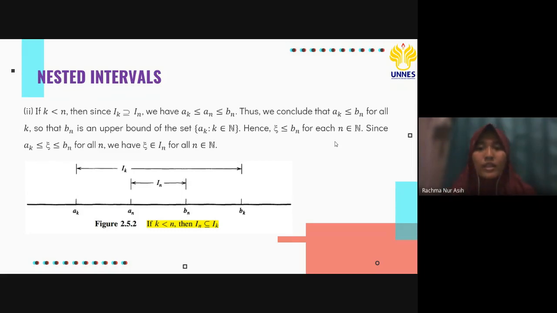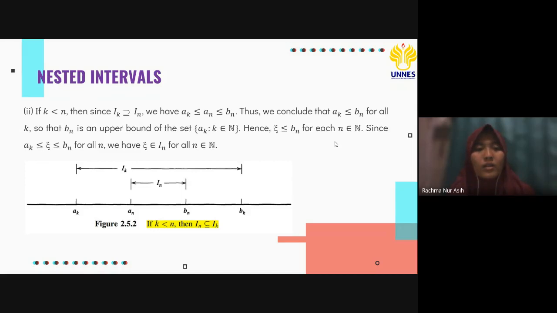Thus we conclude that Ak is less than or equal to Bn for all k, so that Bn is an upper bound of the set of Ak. Hence C is less than or equal to Bn for each n. Since C is greater than or equal to An but less than or equal to Bn for all n, we have C is an element of In for all n in the natural numbers.